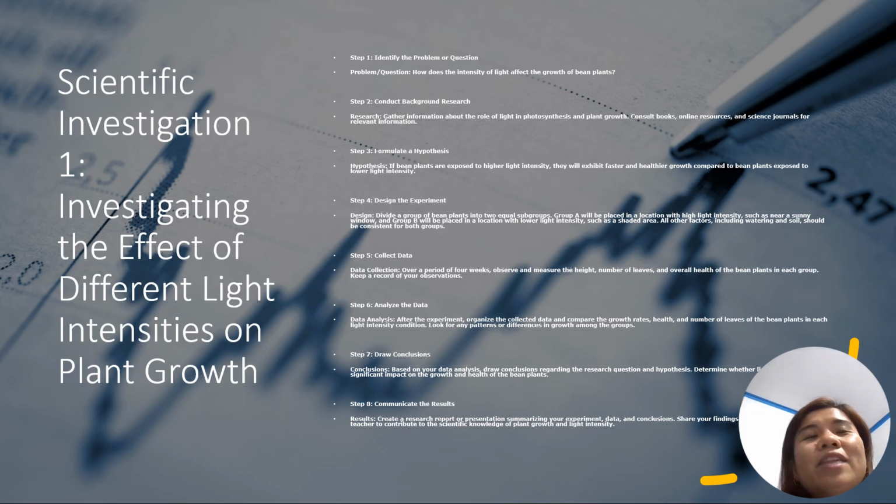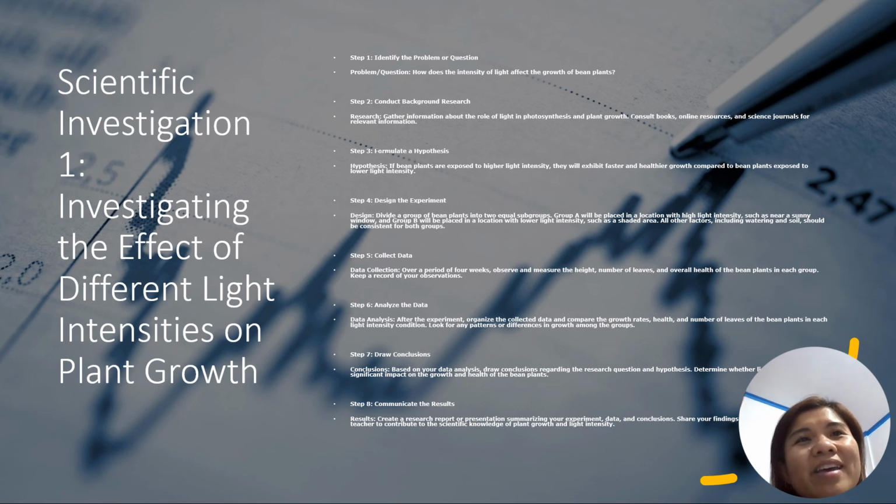So for scientific investigation 1, investigating the effect of different light intensities on plant growth. Step 1, identify the problem or question. A sample problem or question that you can identify based on the title is: how does the intensity of light affect the growth of bean plants?